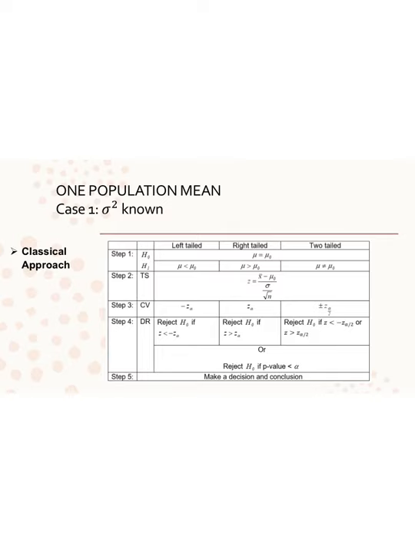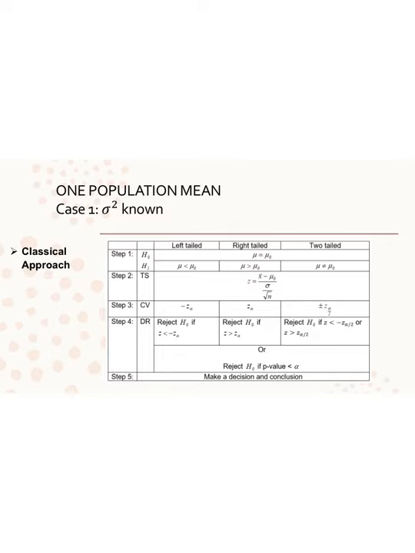So, our null hypothesis for one population mean should be mu equals mu naught. Mu naught here can be any number; we will refer to your question. But for the alternative hypothesis, it can be three types: left tail, right tail, or two tail.